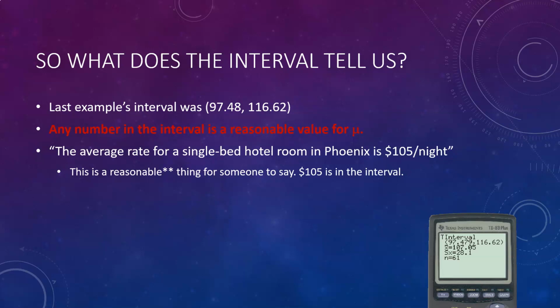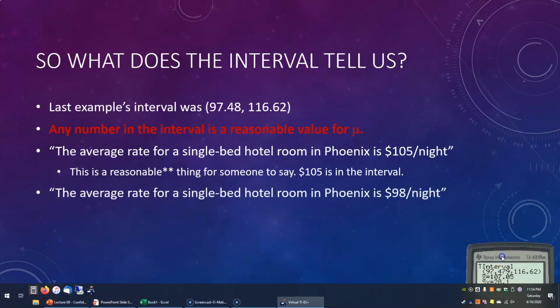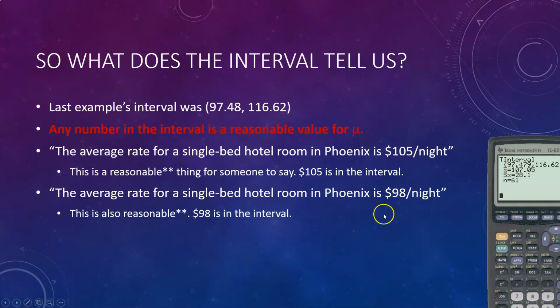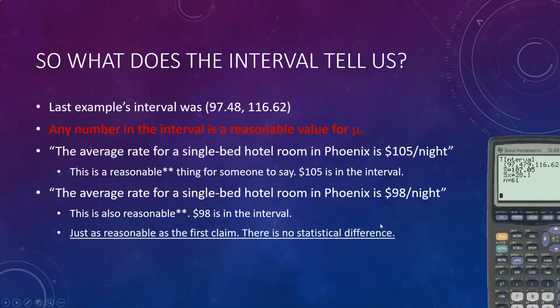to understand. This next idea, some people have a hard time with. If someone else were to say no, the average rate is 98 a night, that is also reasonable because 98 is also in the interval, and it is just as reasonable as the first claim.